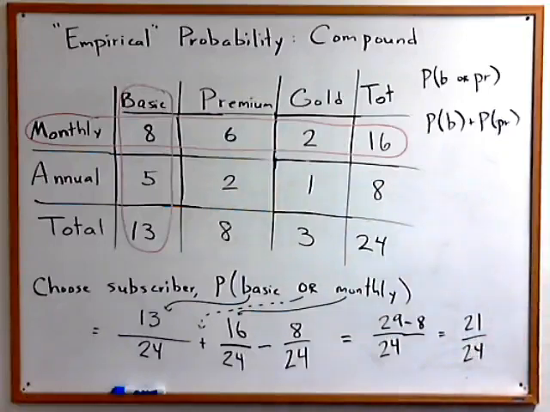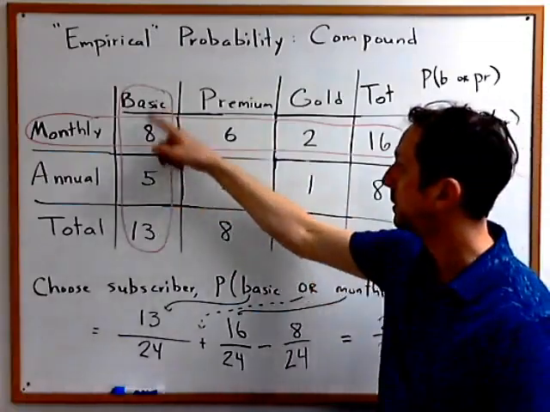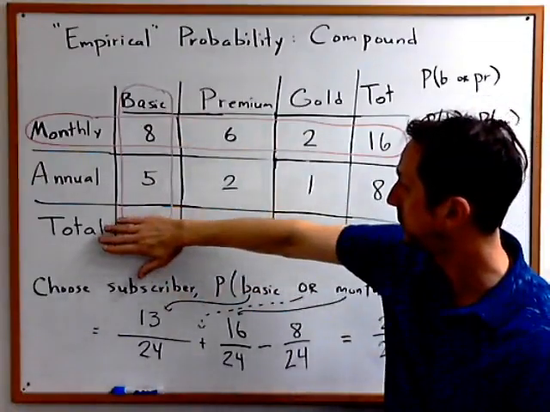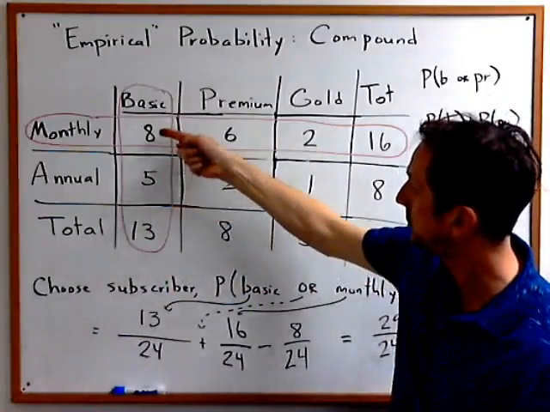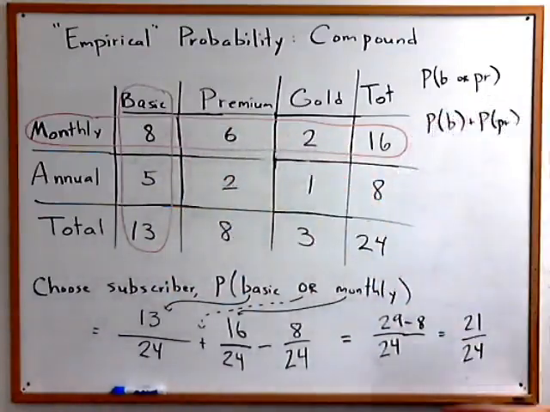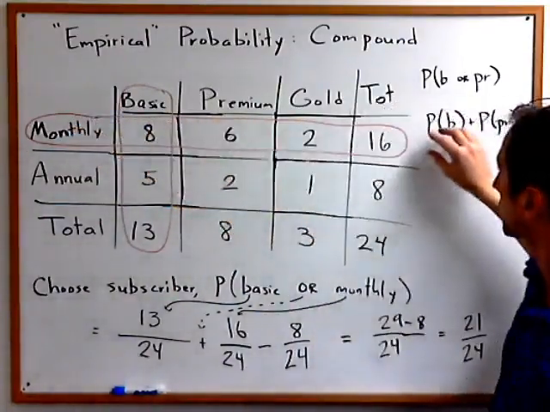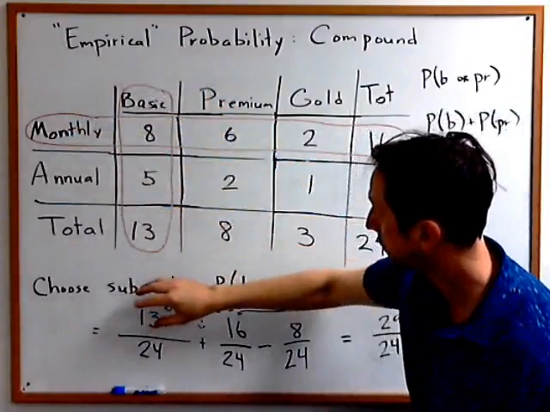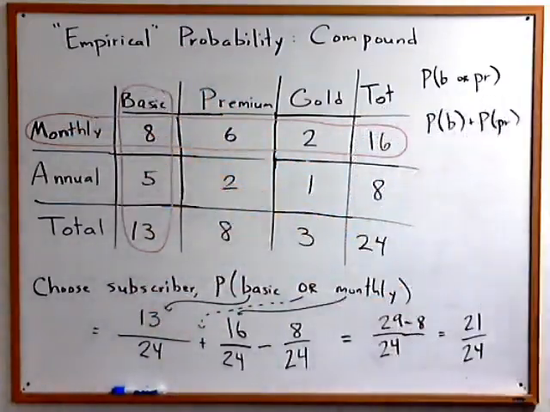And so we end up with a legitimate answer. We end up with 21 out of 24. And that's what you would get if you just count everybody that you circled once, ignoring the totals. If we just add 5 plus 8 plus 6 plus 2, we would get 21. But the way we usually come at that is that we add this total, 16, plus this total, 13, and then we take away the 8 where they overlap each other so that we don't count them twice.